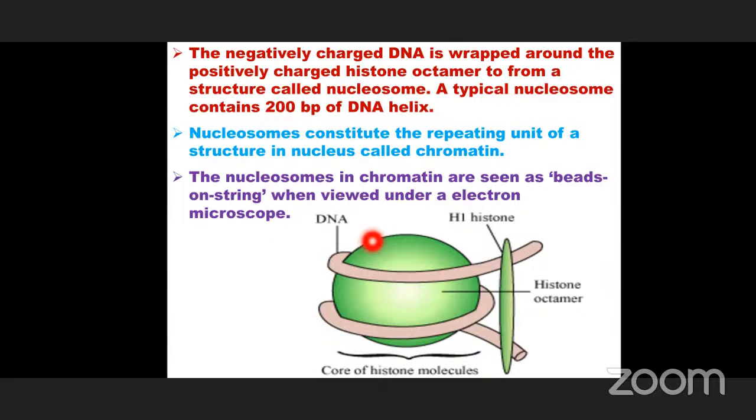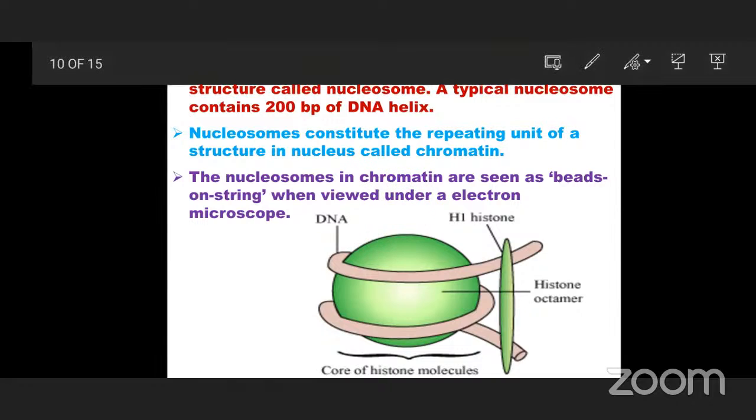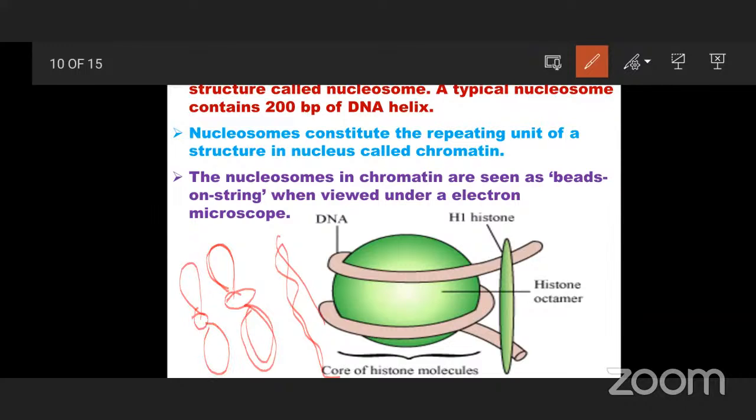So, at the time of cell division, this chromatin is condensed to form short rod-shaped structures called chromosomes.